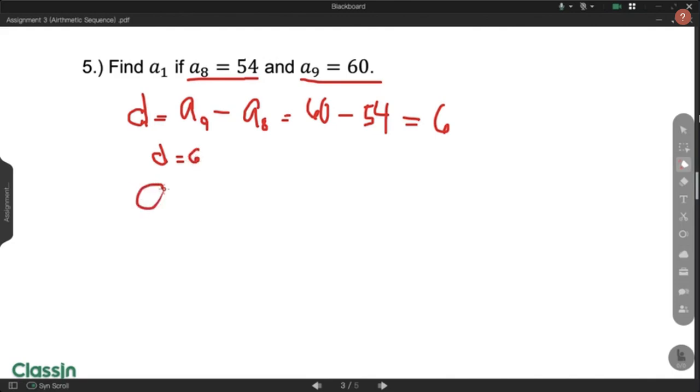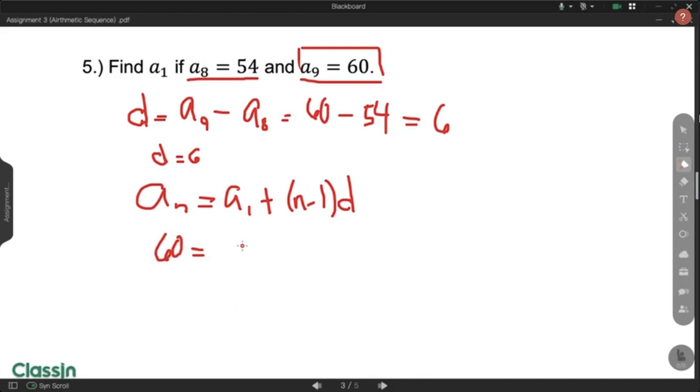Now let's use the formula. a sub n equals a sub 1 plus the quantity n minus 1 times d. Our a sub n here, or a sub 9, is 60. This is our last term. 60 equals a sub 1, that's what we're going to find, plus n is 9, because this is 9 here. 9 minus 1, you multiply that by 6.